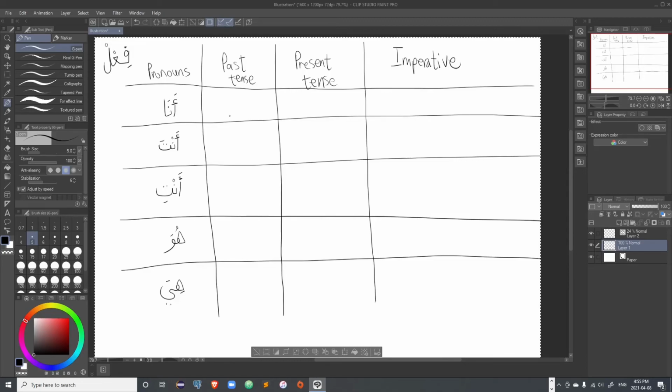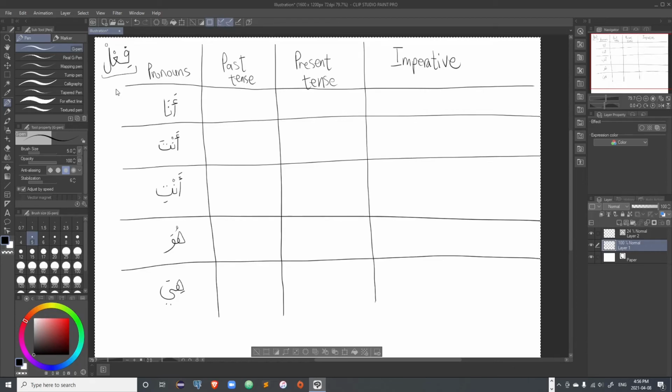Now here is the trick for conjugation. The trick is to find the root of the word, not any word that is derived from the root, the actual root of the word. Most words in Arabic have a root of only 3 letters.